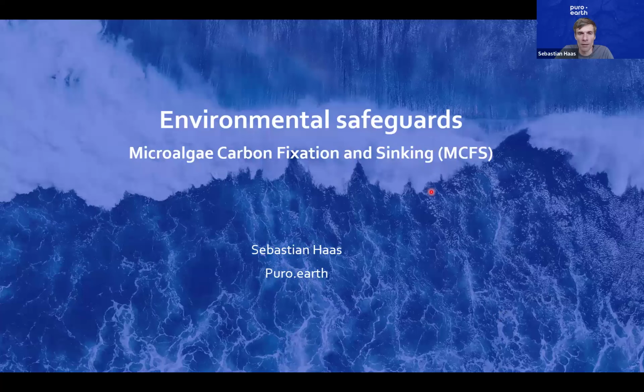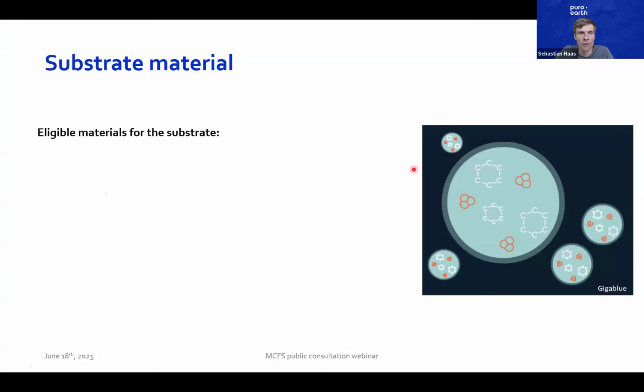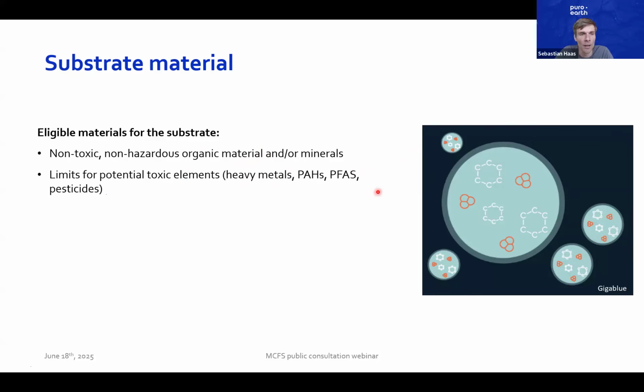Okay, with that overview, I'm going to go into the environmental safeguards and risks that we addressed in the methodology. So the first consideration in terms of environmental risk is to set eligibility criteria for the substrate material. The substrate needs to be non-toxic, non-hazardous, and it mostly consists of organic material and also some minerals, mostly the nutrients that are added to it.